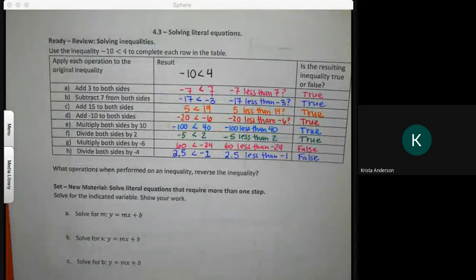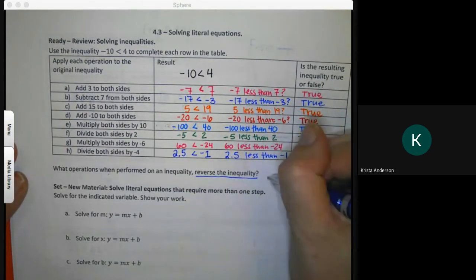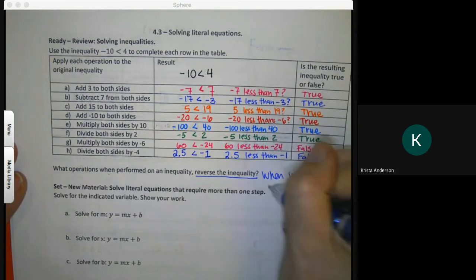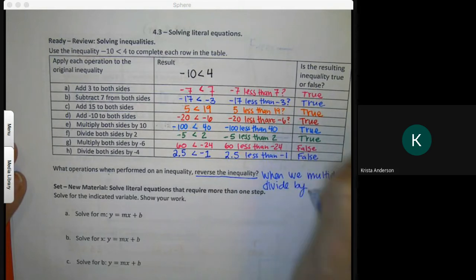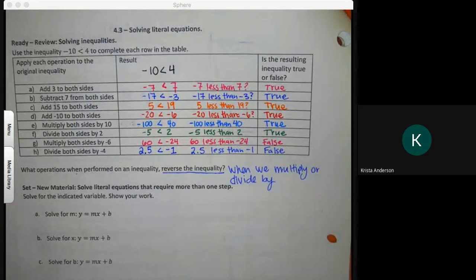What operations, when performed on an inequality, reverse the inequality? When we multiply or divide by a specific type of number. What type of number?